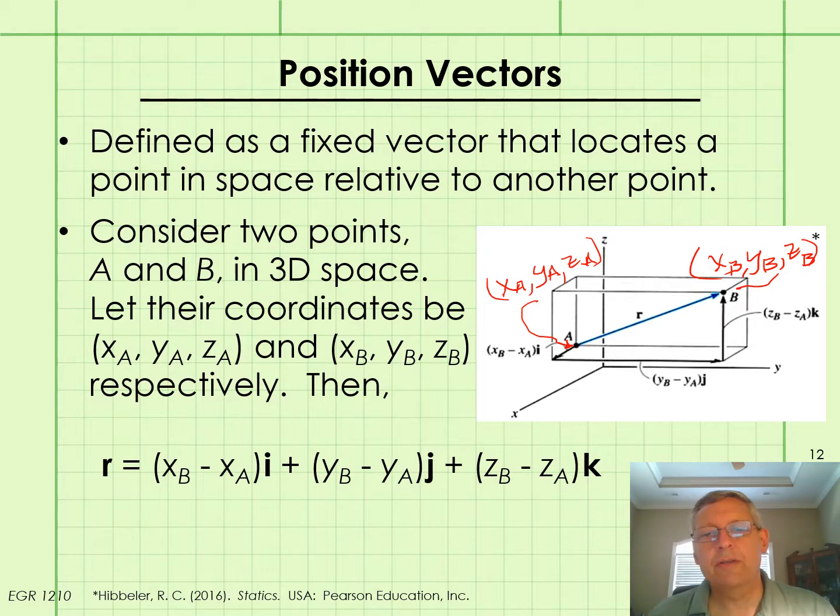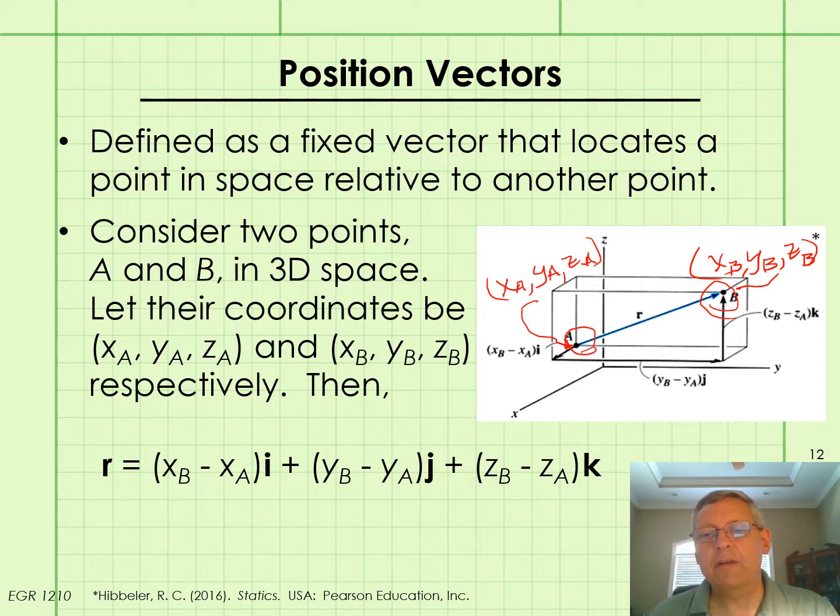So let's consider 2 points, points A and B in 3D space. And they have the 3D coordinates of A, X sub A, Y sub A, Z sub A, and B has the coordinates X sub B, Y sub B, and Z sub B.